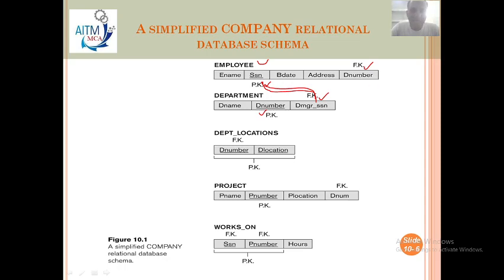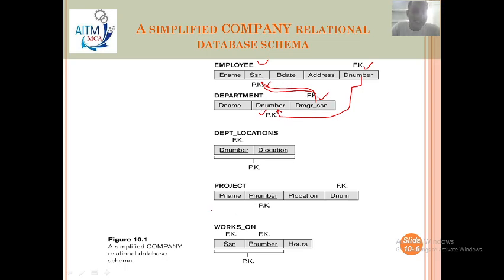If a particular employee is working in department number 5, it is a foreign key, so you just go to its primary key and you will get the details of that department easily: department name, department number and manager SSN. Got it? This is how easily you can do it.